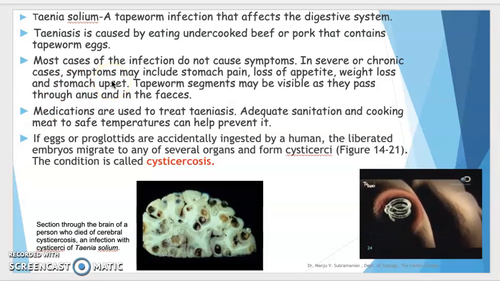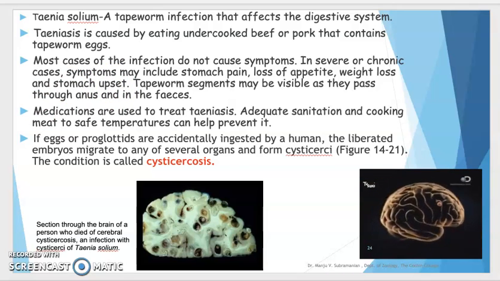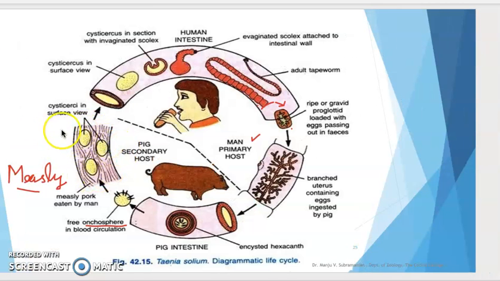As we have said, this is a portion of pig muscle embedded with cysticercae, and if this muscle happens to be taken in by a man, the cyst enters into the body of a human being.